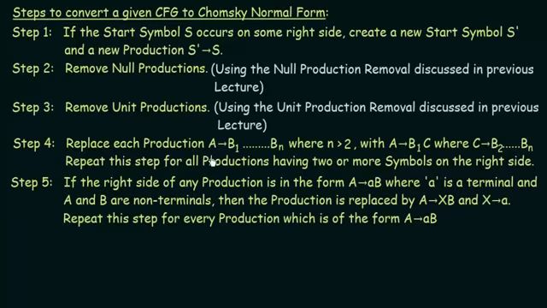So if you have a production where the right hand side has n variables, with n greater than 2, you create productions of the form A gives B1C, so that the right hand side has only two variables, and C gives B2 till Bn.